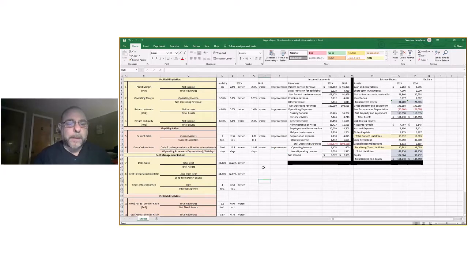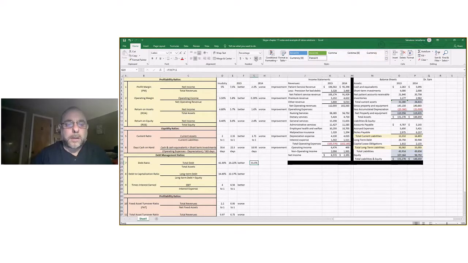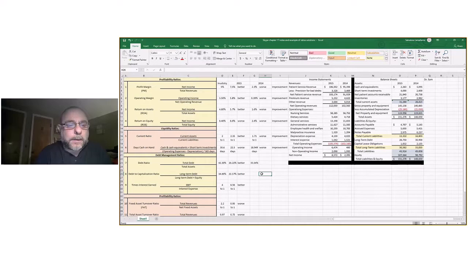The debt ratio, total debt divided by total assets. So go to our balance sheet here and we find our total liabilities, which is the same thing as total debt. So total liabilities is 49,858. We can divide that by total assets, 148,650, and let's convert that to a percentage, and that's about 33.54%, right?